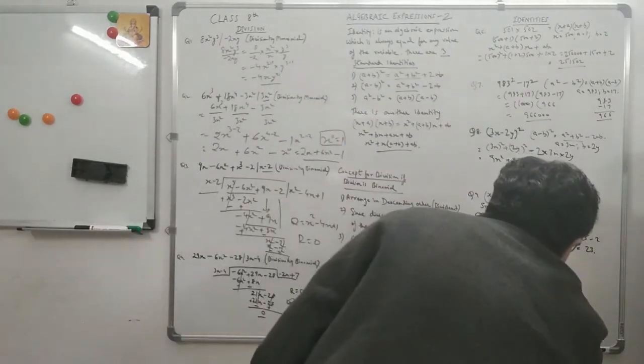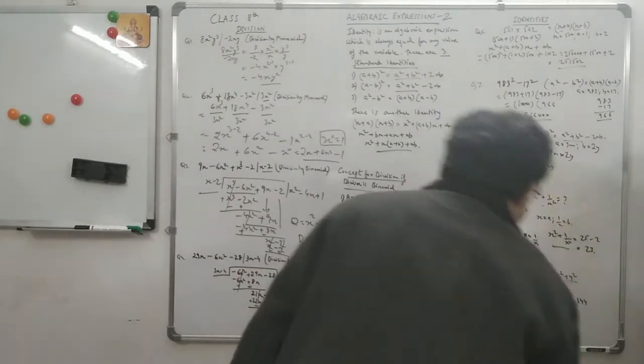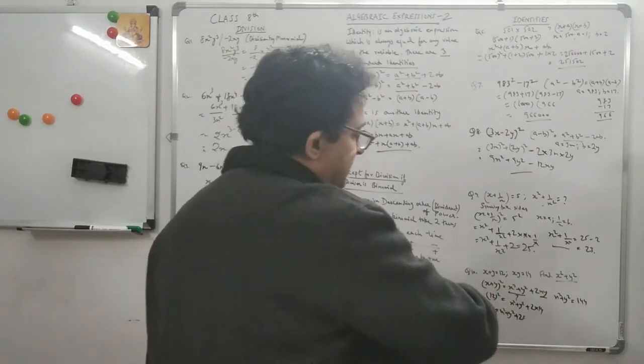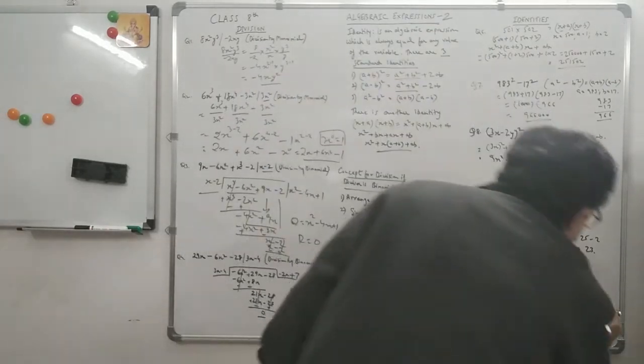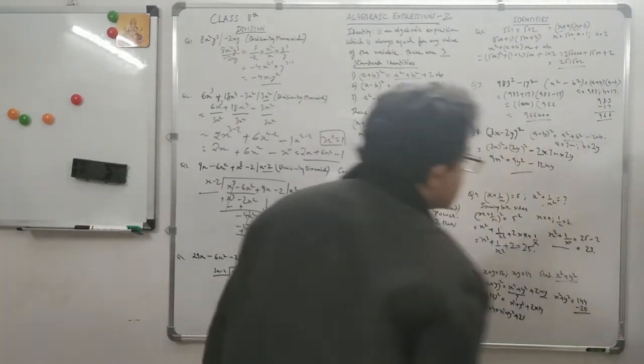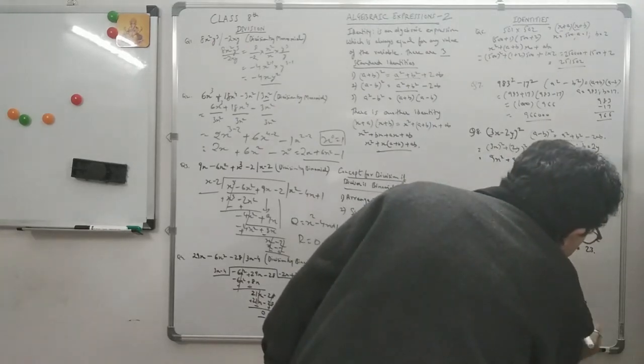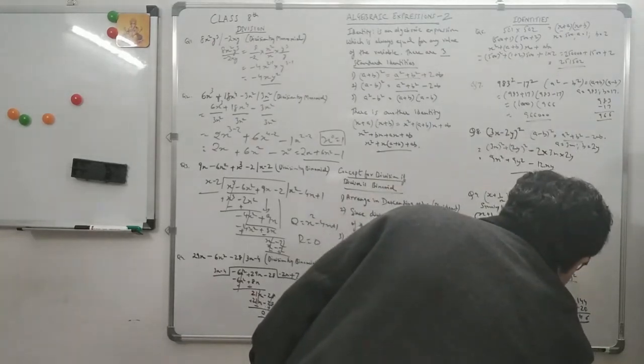So x square plus y square is equal to 144 minus 28, transposing. So this becomes 116. So x square plus y square is equal to 116.